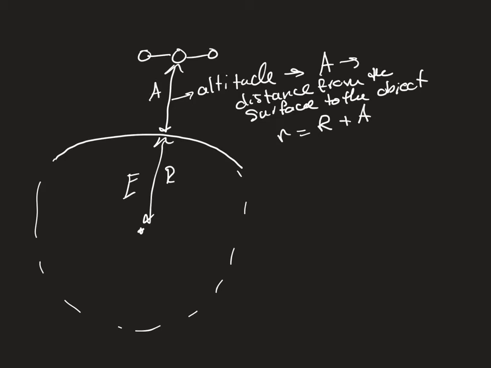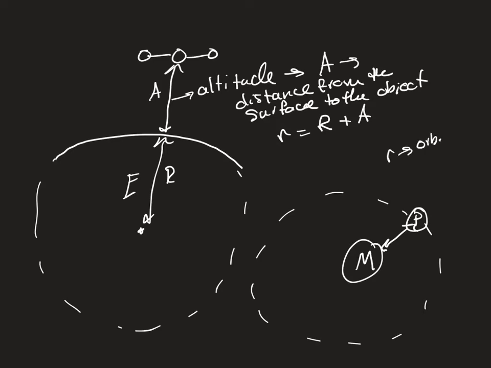The other distance you might be given is if we have, say, Mars, and Mars has a moon called Phobos. So Phobos is going to be in orbit around Mars. You'll be given the orbital radius.